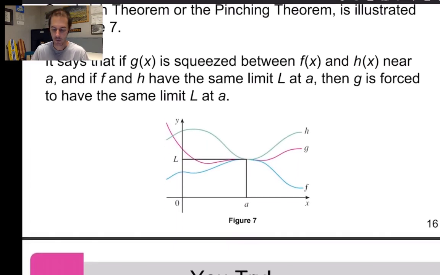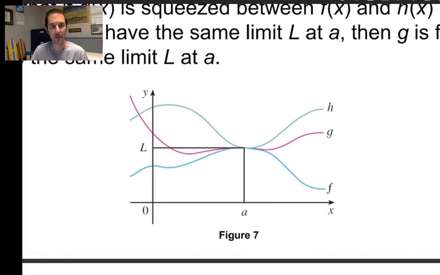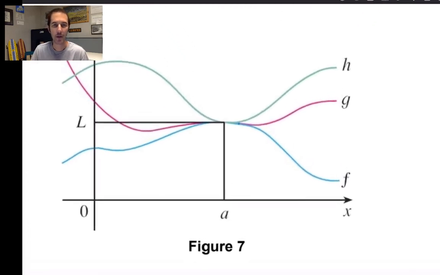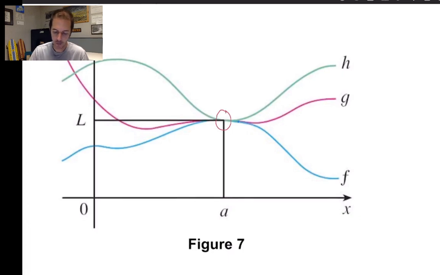Here's a visual illustration that thankfully does not involve a bagel sandwich, but what's happening here is h is the upper function, that's the green one, and f, the lower function, the blue one. Those are coming together at a, and you can see that where h and f actually meet or touch, they squeeze that g function between them, so that necessarily at this point the three of them must have the same y value.